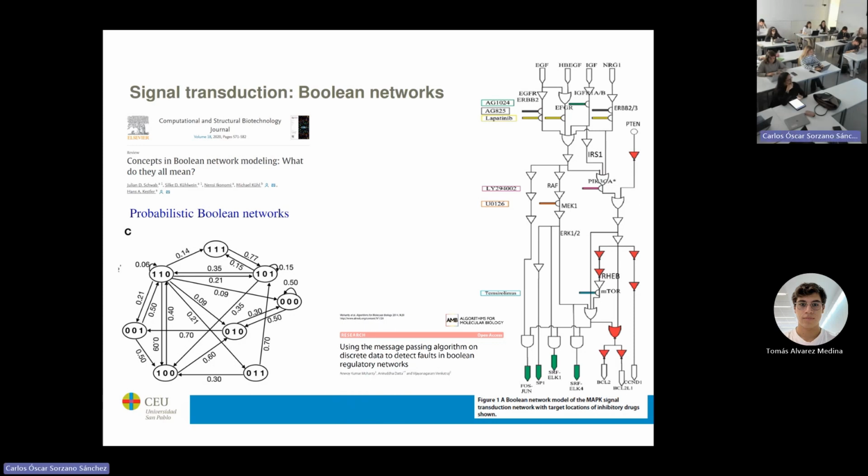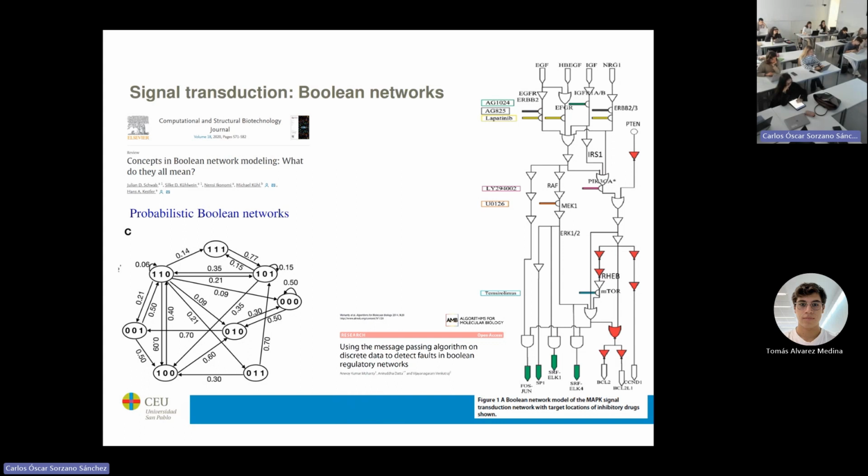For instance, in this paper you have one of the signaling pathways that has been modeled in that way. But you can also have probabilistic Boolean networks, where a high here does not always produce a low there, but produces a low with a given probability. We saw this on one of the first days: here is the state of three molecules you are interested in. Let's say one molecule is high, the other is high, and the last is low.